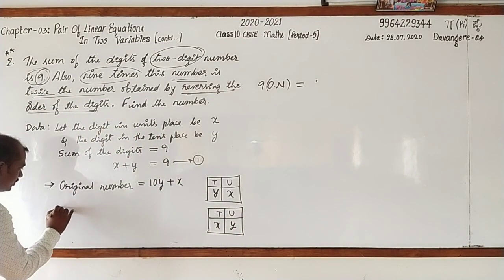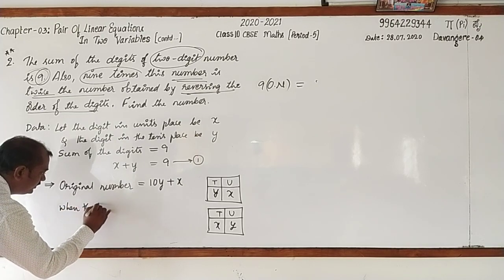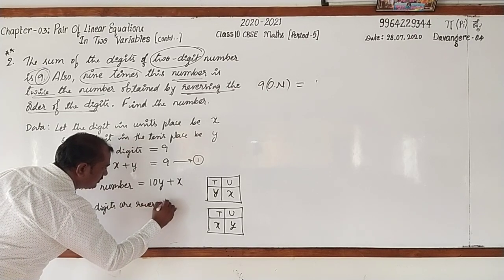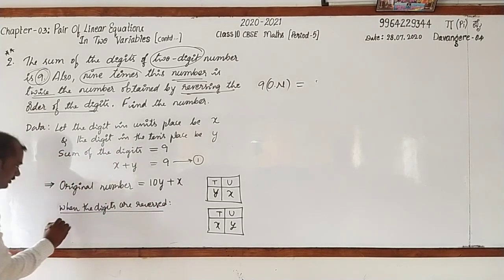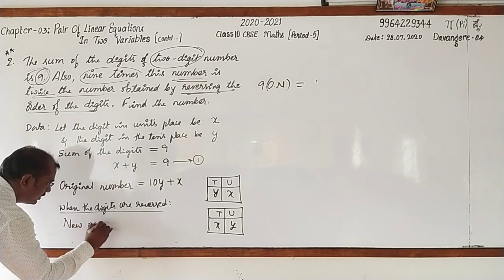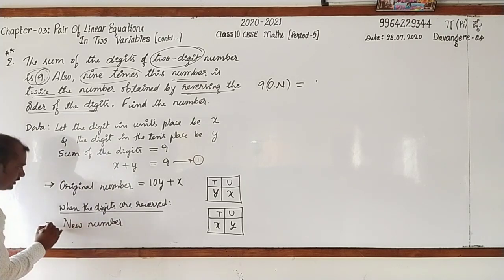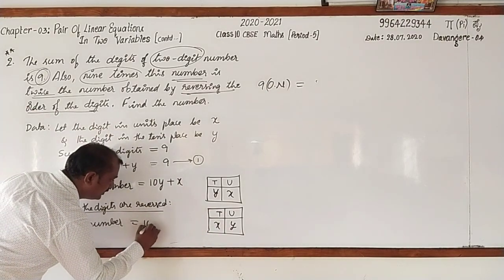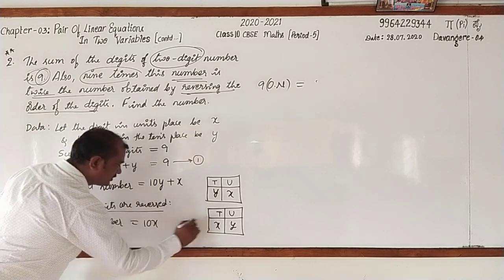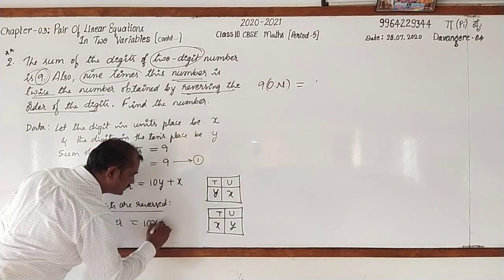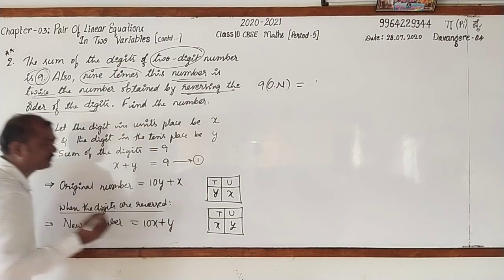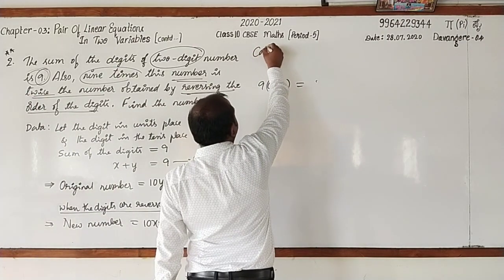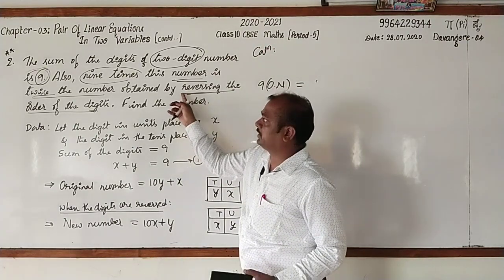When the digits are reversed, we get a new number. What is that new number? Here x is in tens place, it will be 10x, and y is in units place, it will be 1y, or you can just write y. Got it?